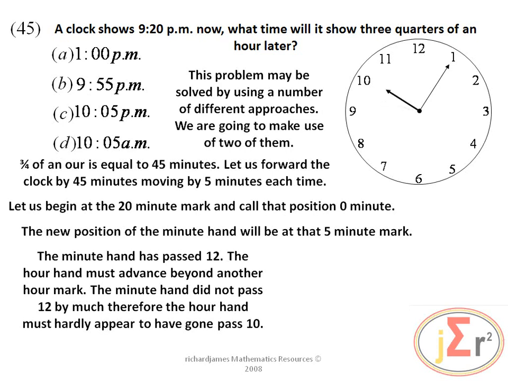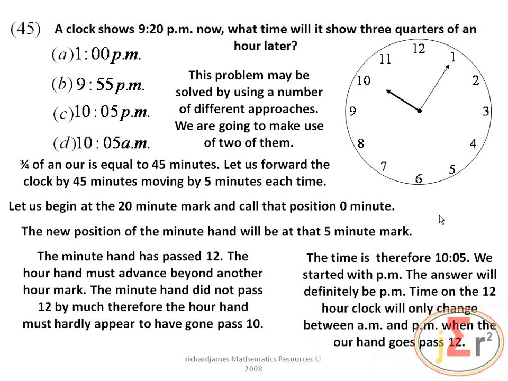Because this minute hand would have passed 12, the hour hand would have passed another hour mark. But because it is passing the hour by only 5 minutes, the hour hand will appear to barely have passed 10. The time is therefore 10:05.